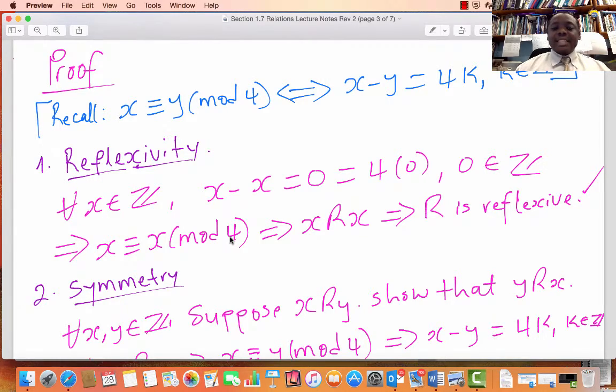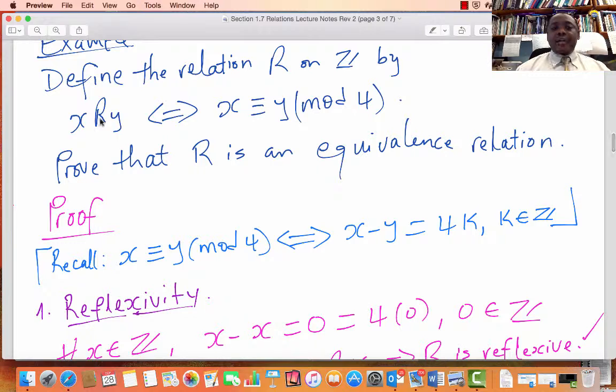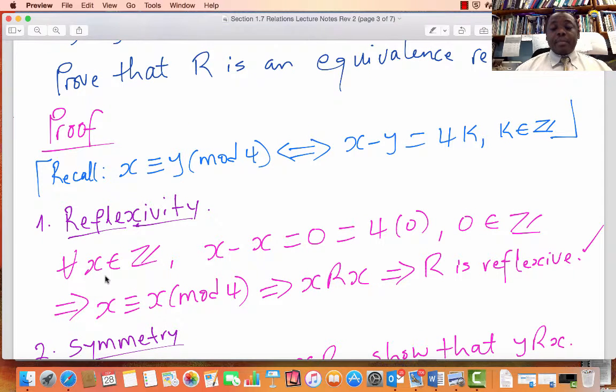But by the definition of our relation R, x congruent to y mod 4 means x is related to y. So since x is congruent to x mod 4, I conclude that x is related to x, and therefore our given relation R is reflexive.